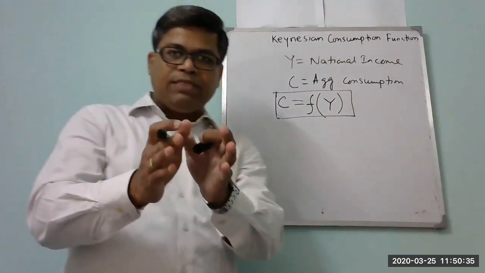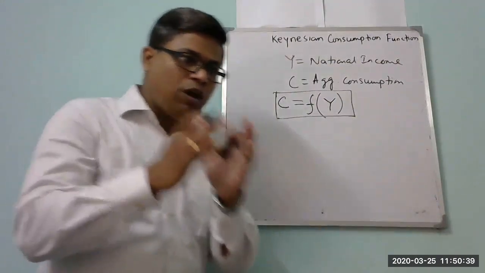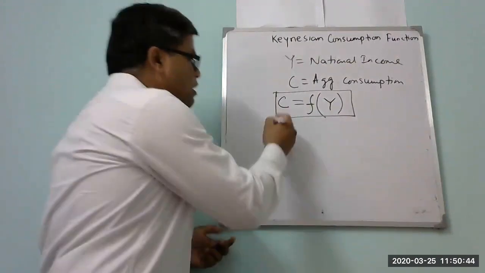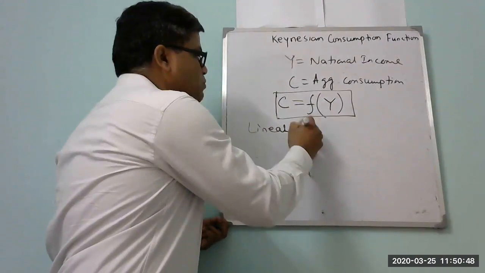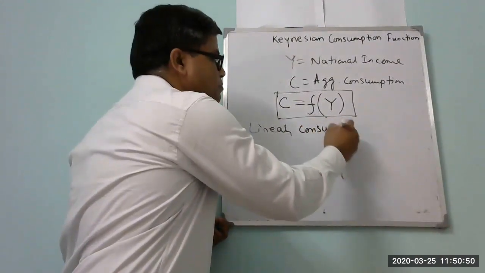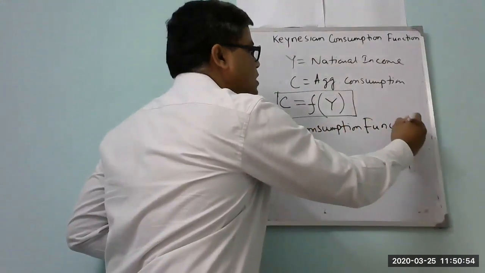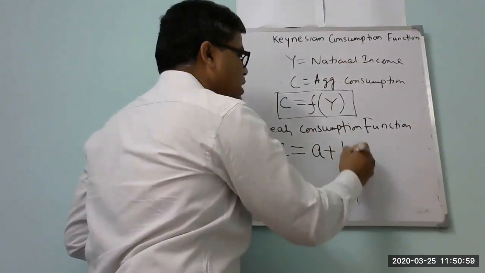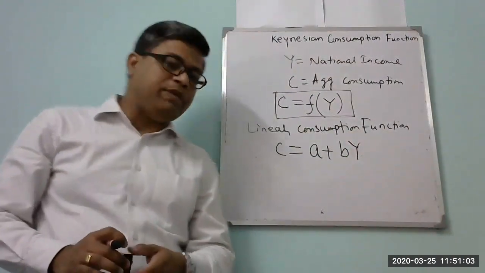The linear consumption function is written as C equal to A plus bY.